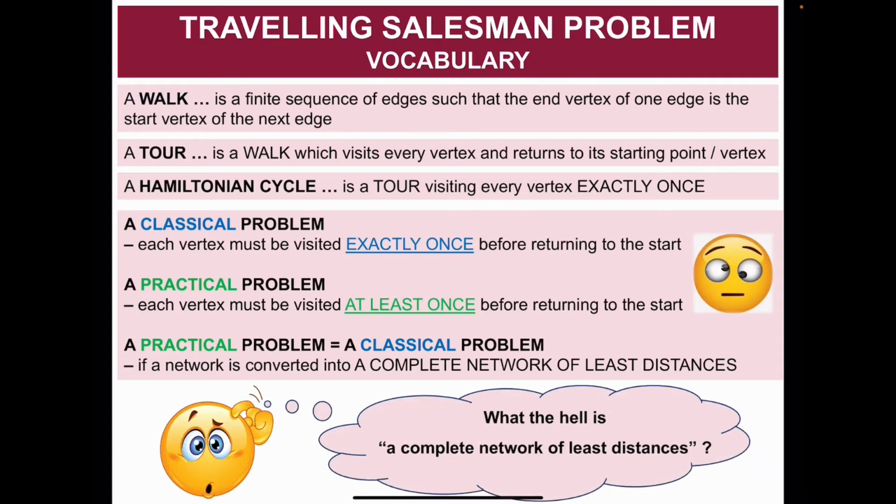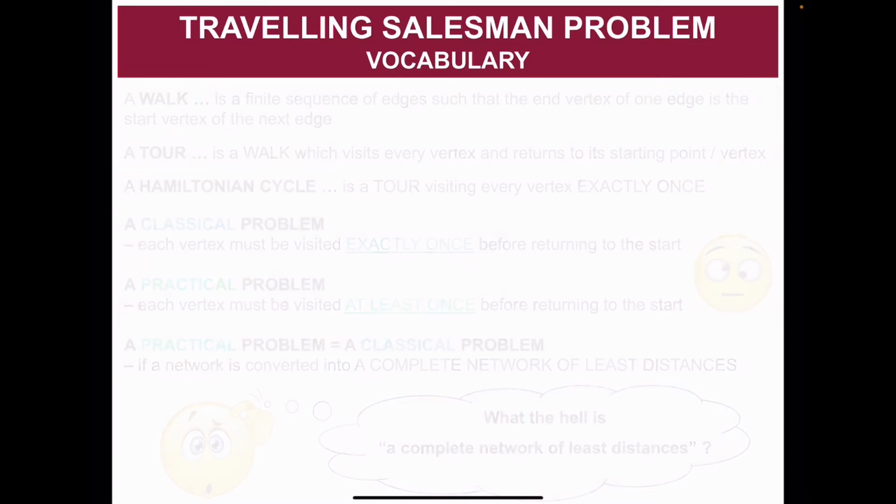Now you might be thinking, what the hell is a complete network of least distances, because it sounds complicated. So let's first look at that, and later we will do examples, because I think it's pretty easy when you see the examples.